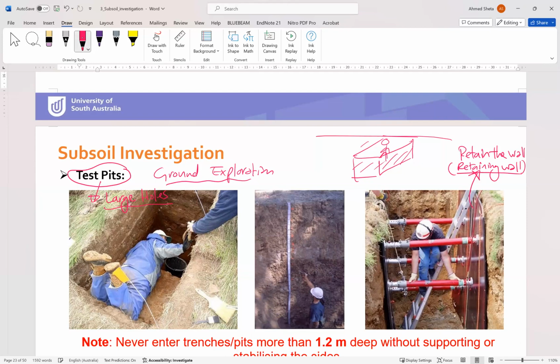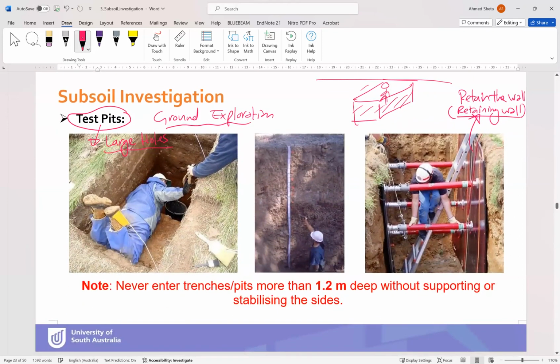So this will limit this method, limitations due to retaining wall requirement.